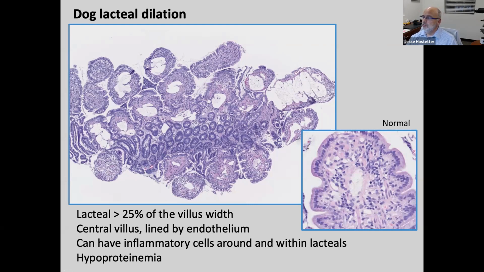Many times you will also see inflammation within the lacteal. Sometimes these rupture. You'll get macrophages and neutrophils within the lacteal space as well. This may be associated with hyperproteinemia. Remember that lymphangiectasia is not the only lesion associated with protein-losing enteropathy.